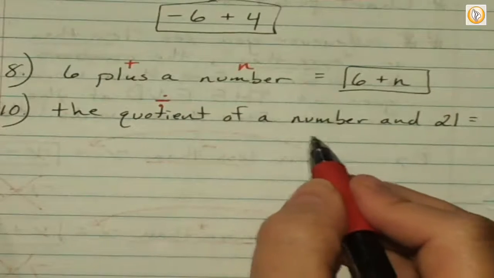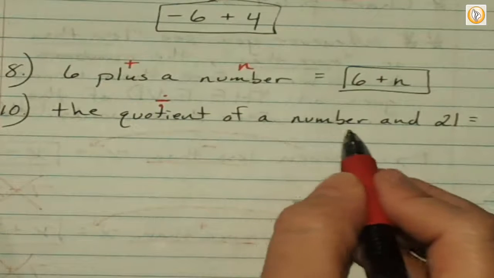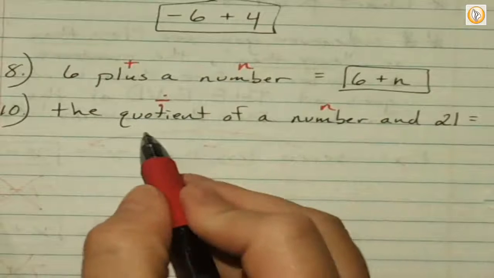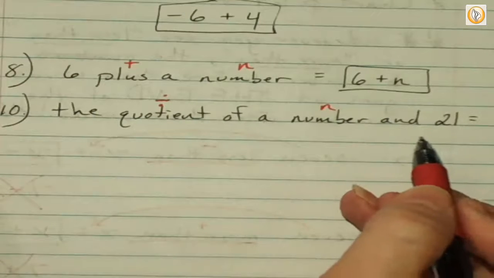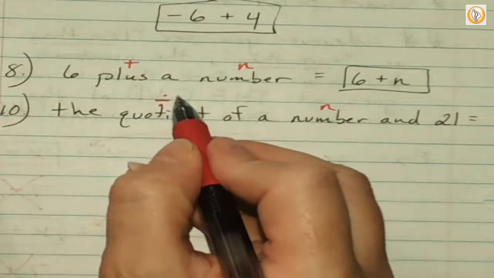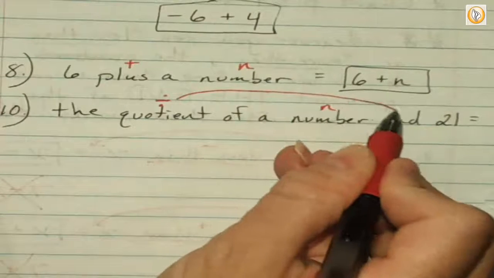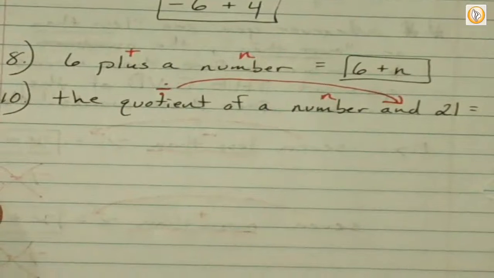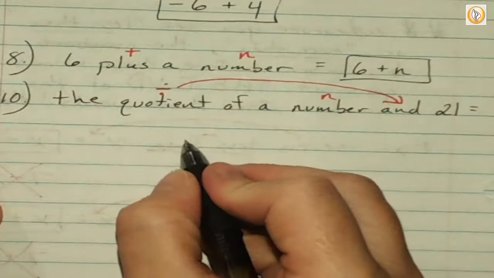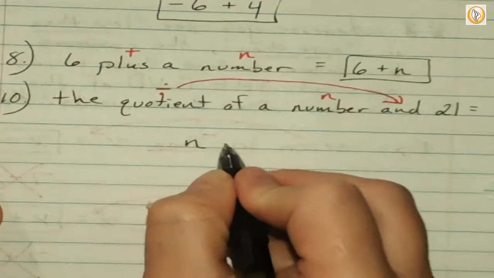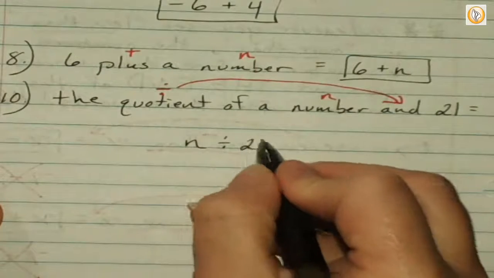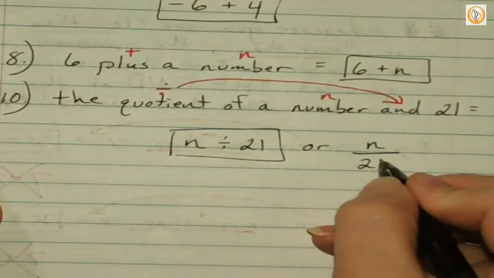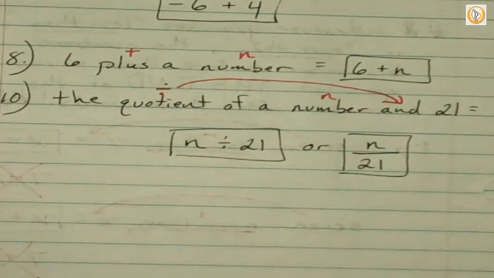Quotient of a number. So we don't know the number, so what can we call it? So it says a quotient of a number and 21. You know what I always tell my students to do? You're going to put that division thing where the and is. So then what is your answer, Kelly? N divided by 21. There you go. You can also say n divided by 21 this way. Both are acceptable.